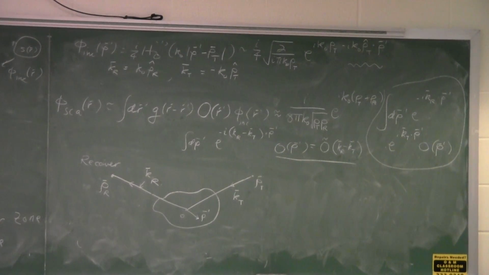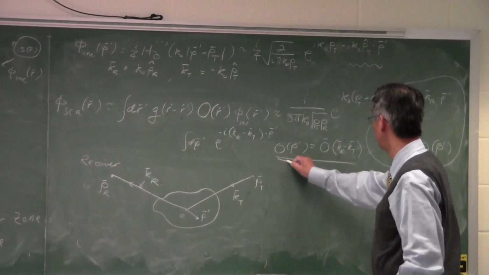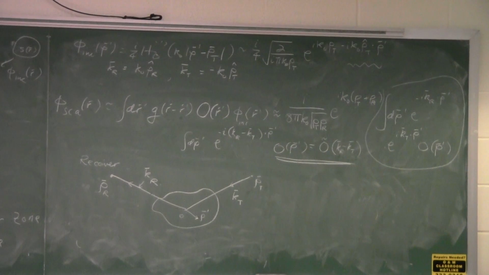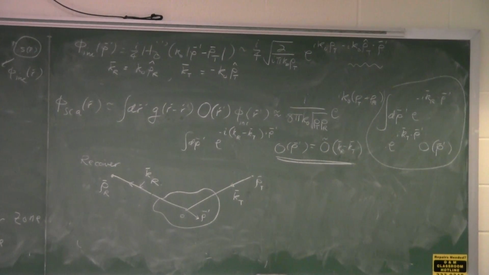I'm going to get that Fourier data, which is this thing over here. What can I do to improve the diversity of my Fourier data? I change the receiver location, right? If I change the receiver location, then it maps out a circle.